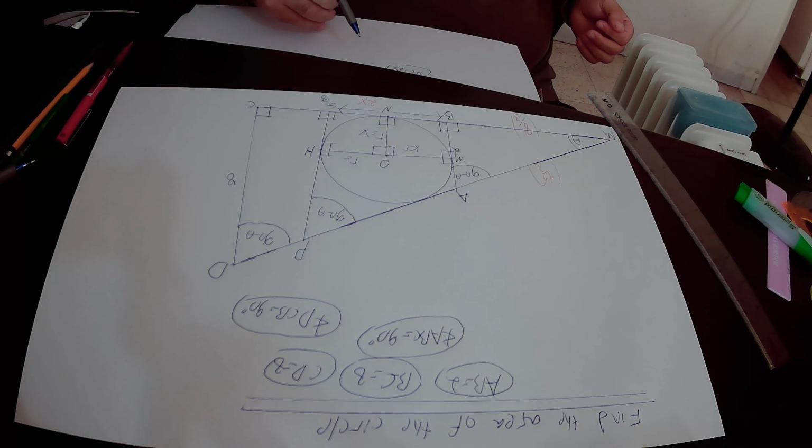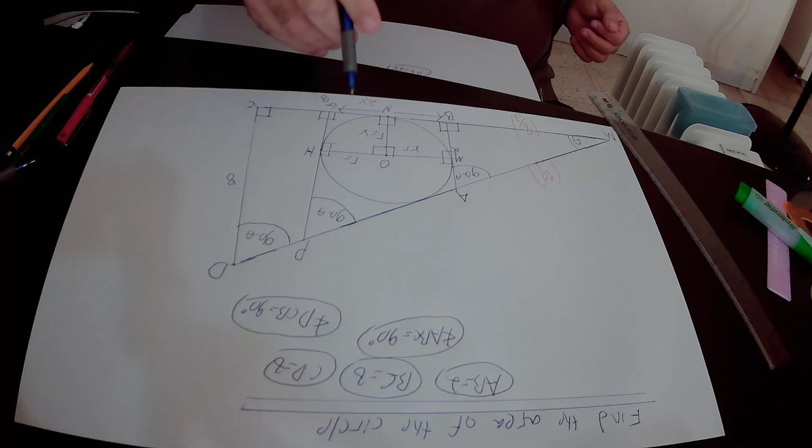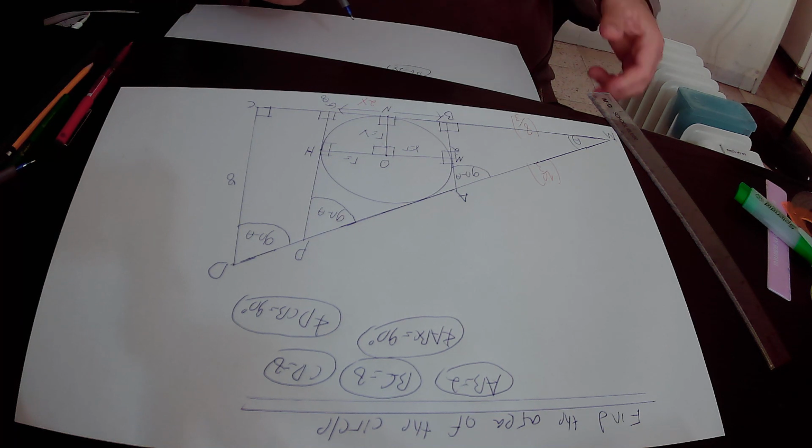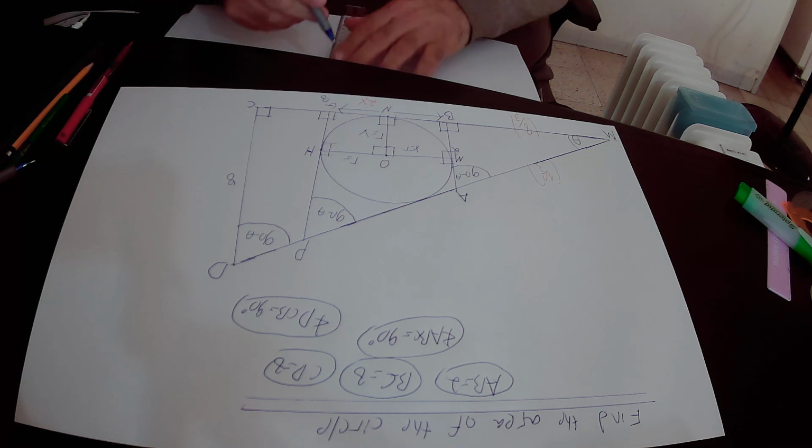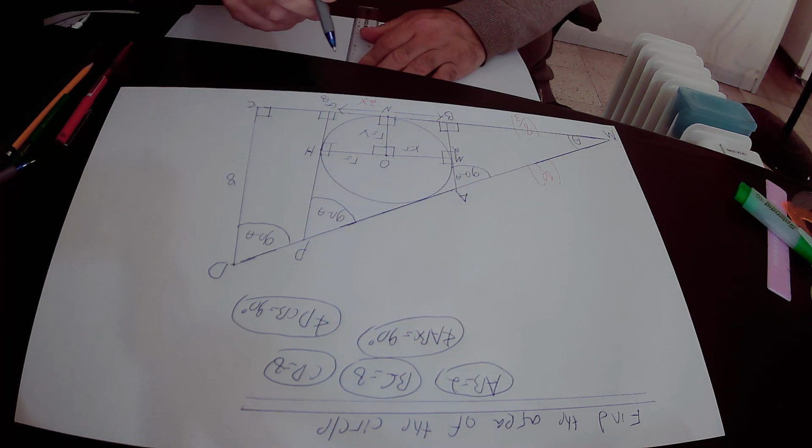In the next step, we'll prove that the big triangle PMG is similar to the small triangle AMB. Okay, I repeat again. The big triangle PMG is similar to the small triangle AMB. So I write it down.